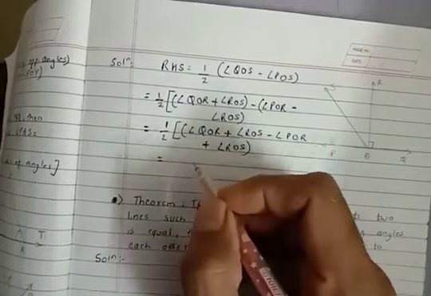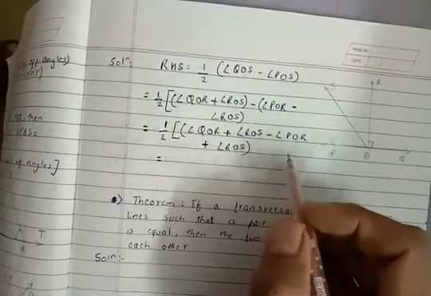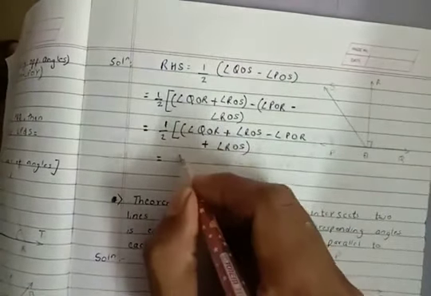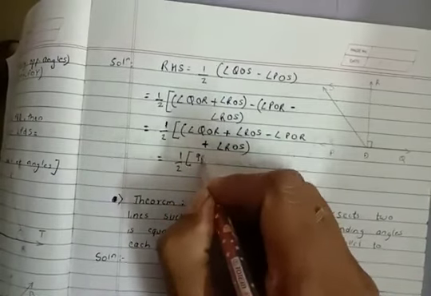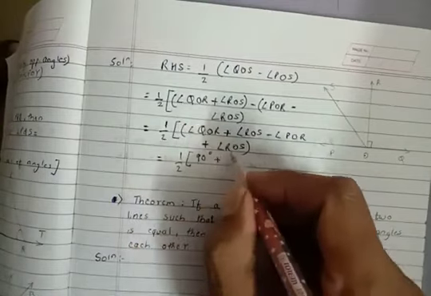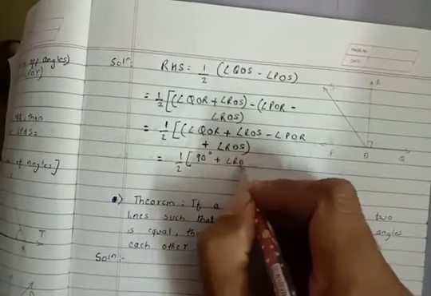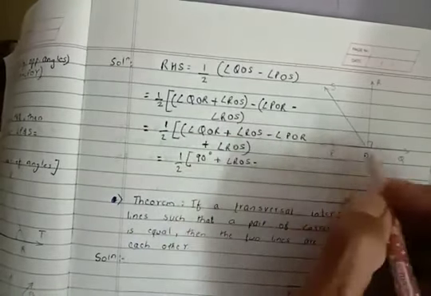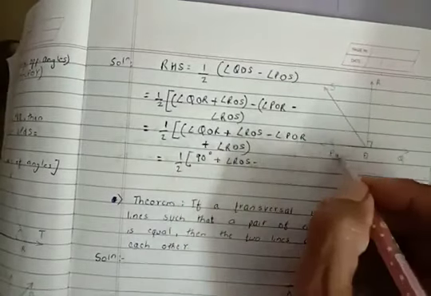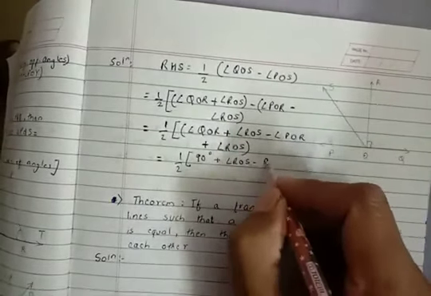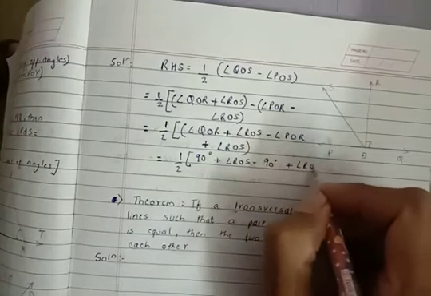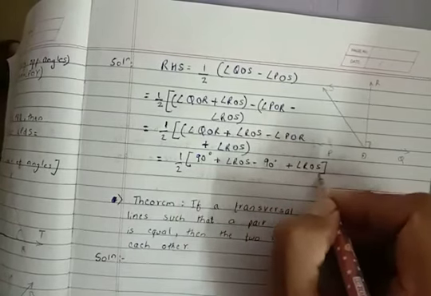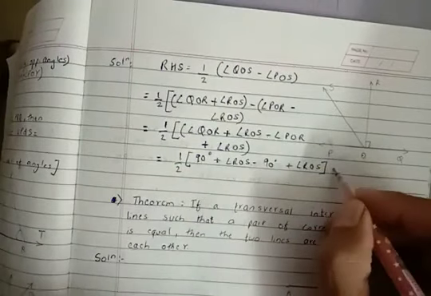Okay, so now we know that QOR is 90 degrees. So we will put the values we know in place of the angles, right? Angle ROS we don't know, and POR is 90 degrees. So we will write 90 degrees plus angle ROS, which is unknown, so we will leave this as it is.